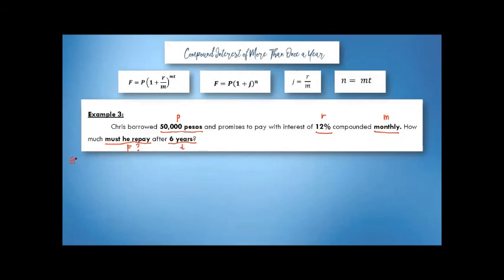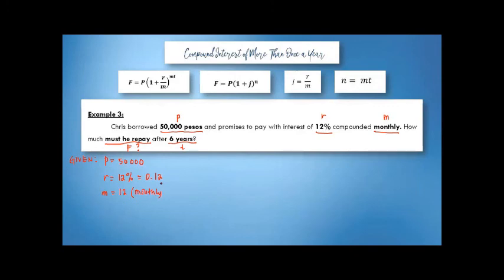Rewrite ulit natin ang given. We have the principal amount of money, so we have the rate which is 12%. So ang 12% in decimal is 0.12. Ang ating compounding period ay monthly, which is 12.